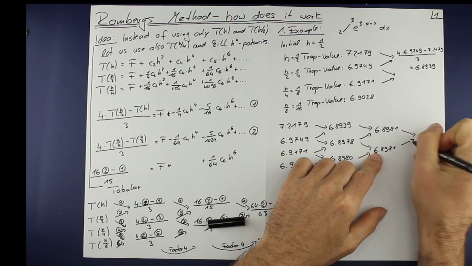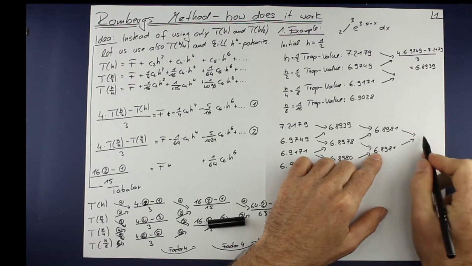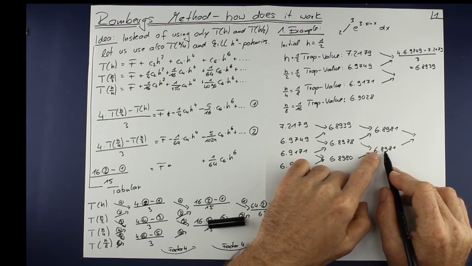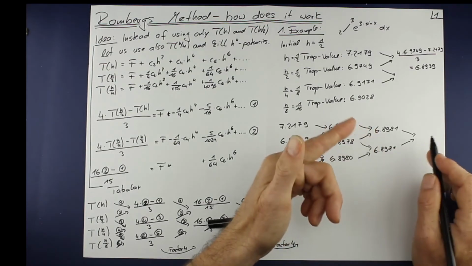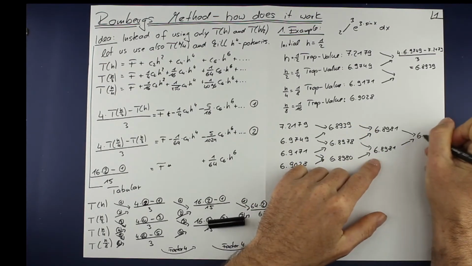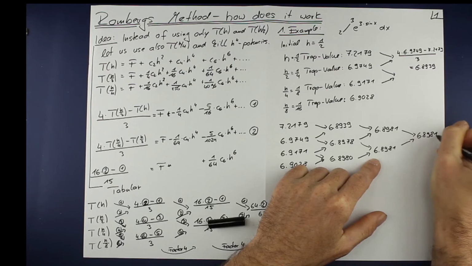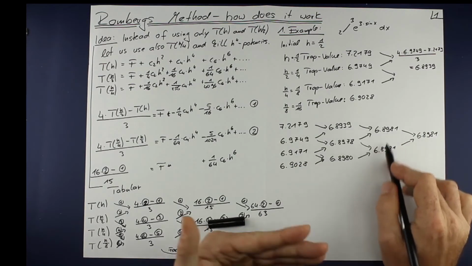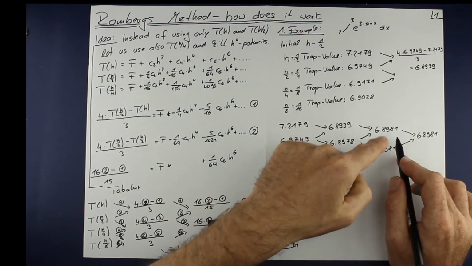So in this case it will be clear what is the answer, because 64 times that number minus that number divided by 63, with these digits it's clear from the beginning, the result is that. But okay, these numbers are not really equal, only if we write it down with 4 digits.